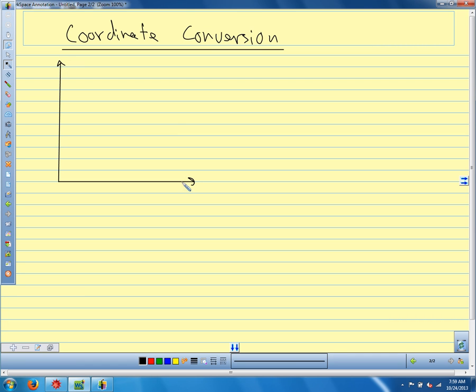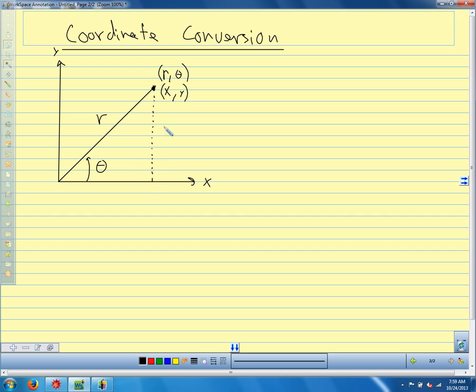Nothing groundbreaking here. So here's our angle and our x and y. So this point is (r, theta), or (x, y) in our rectangular coordinates. There's r. There's theta. I'm going to drop down a perpendicular here. So that's y. That side of the triangle is x.